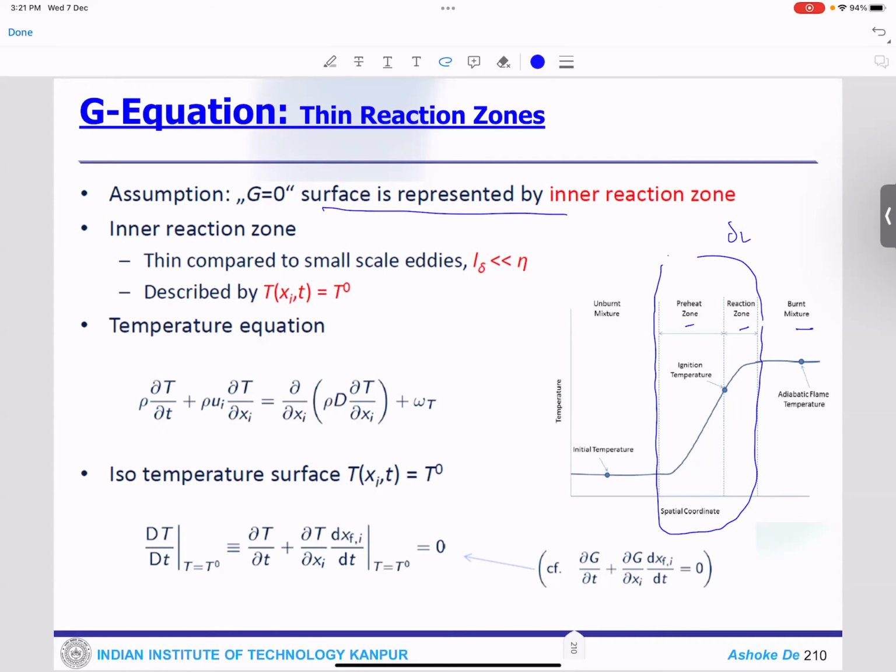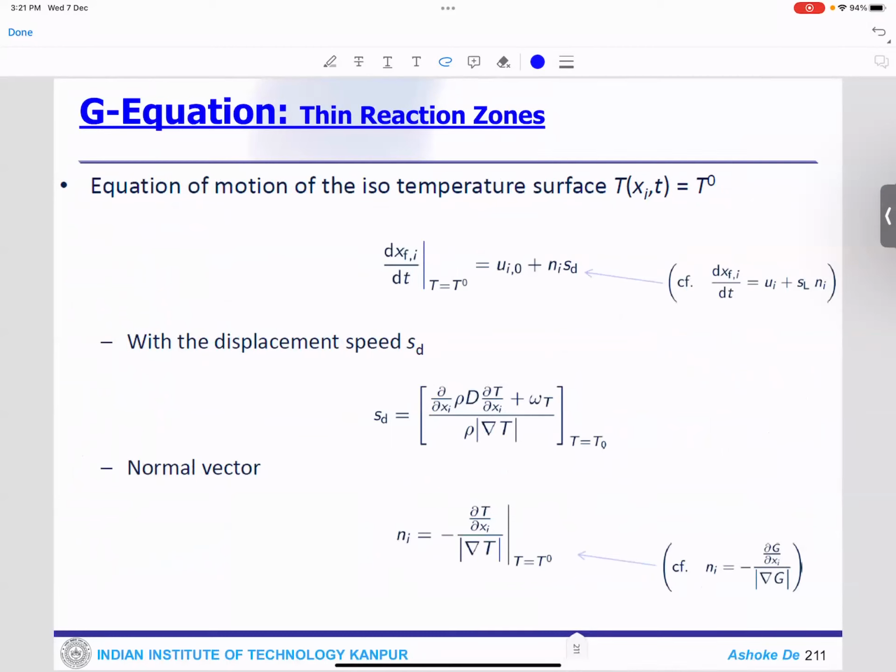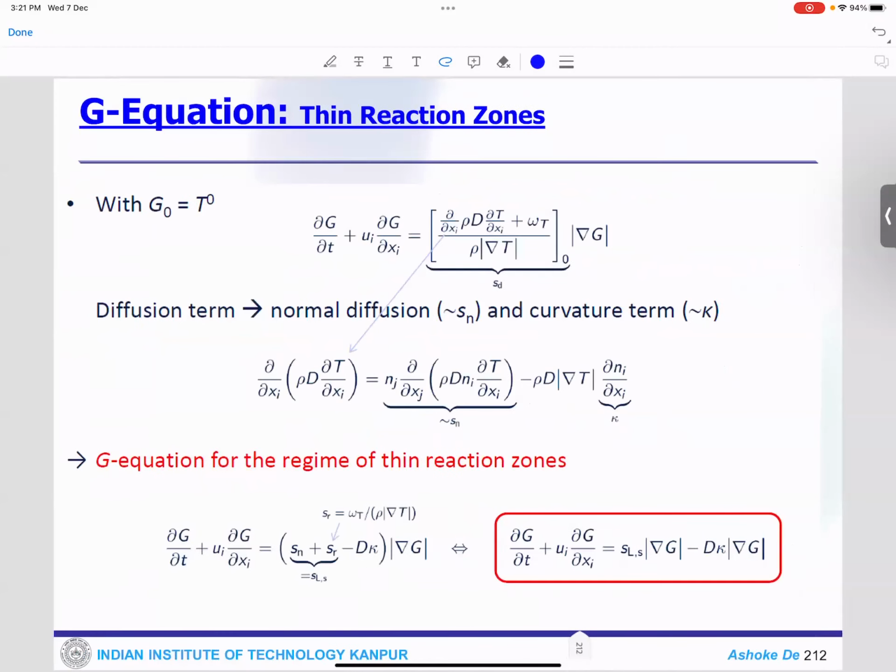So you can have some isosurface in terms of temperature. The idea is that you modify that G equation and take into account some temperature surface, and then your displacement speed is going to be modified based on your temperature. Then you calculate the rest of the parameters, and then you solve the G equation model.